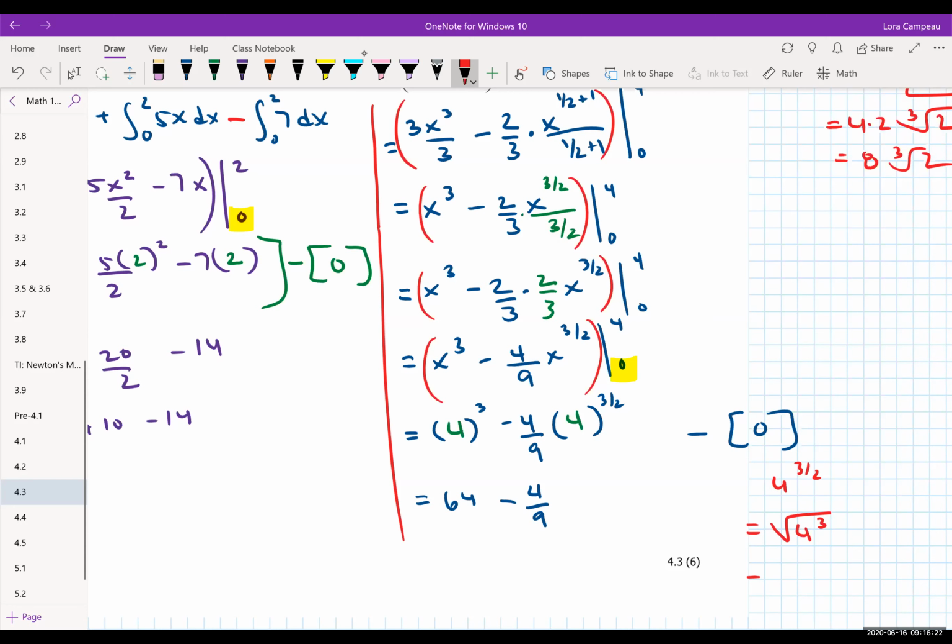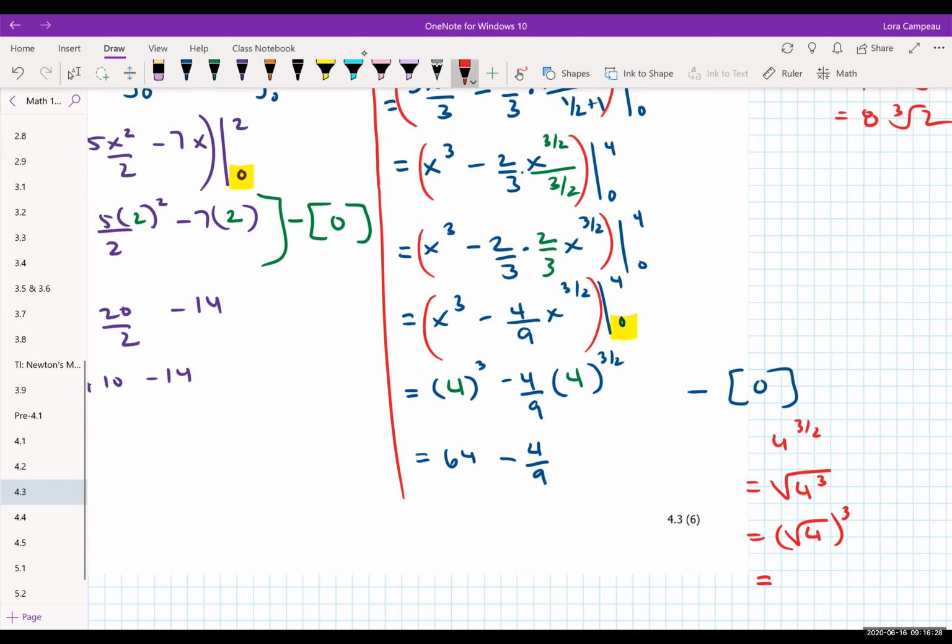And notice some of the radical rules. Square root of 4 is 2. So if you're taking 2 cubed, you end up getting an actual 8. That's interesting. Radical completely goes away.